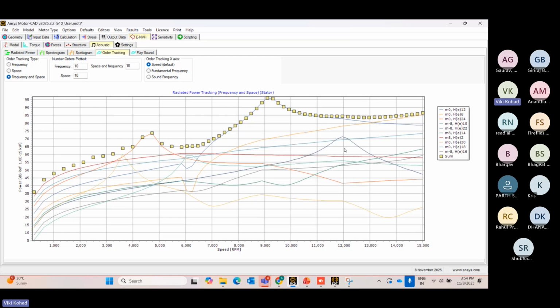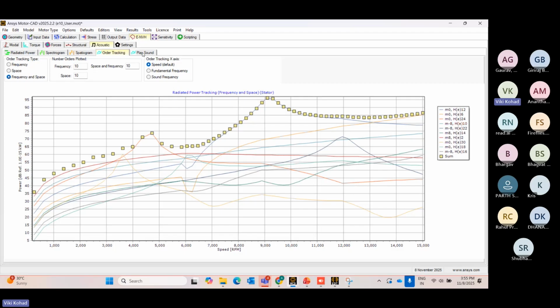And you can see some distribution of this power and the power versus speed. At this speed the frequency is in the medium section, it is not very low, but in the medium section, and here it indicates the space order and the time.